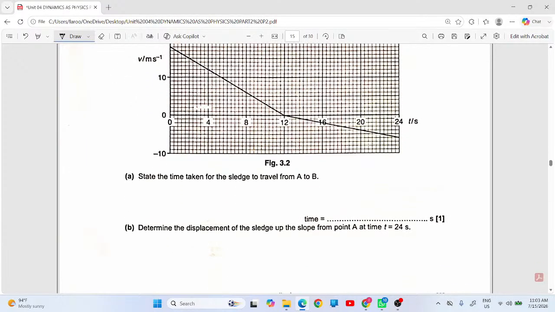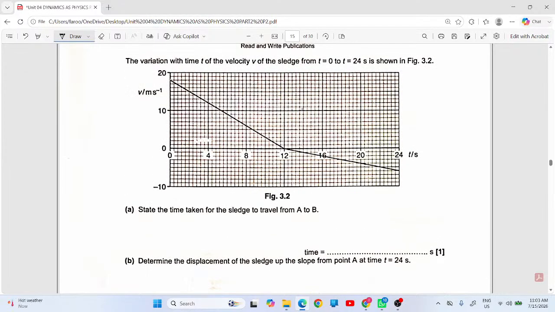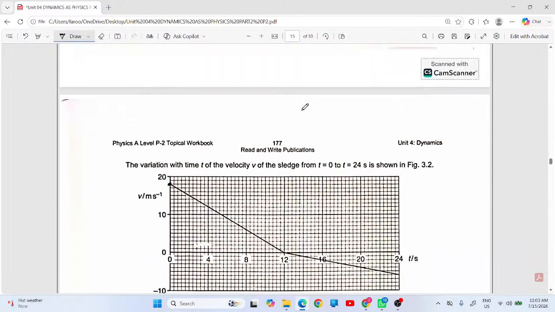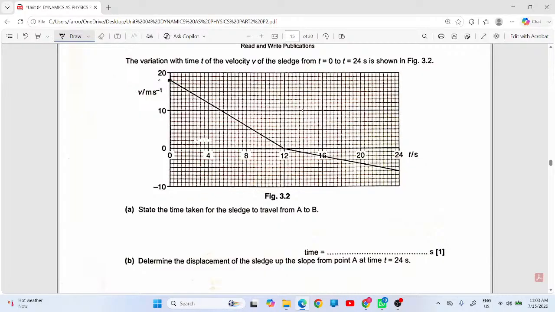State the time taken for the sledge to travel from A to B. The initial speed is 18, and at B the velocity becomes 0, so this is point 12: 12 seconds from the graph.